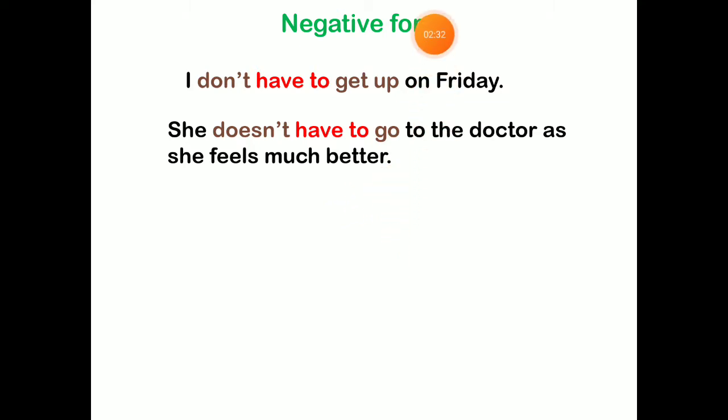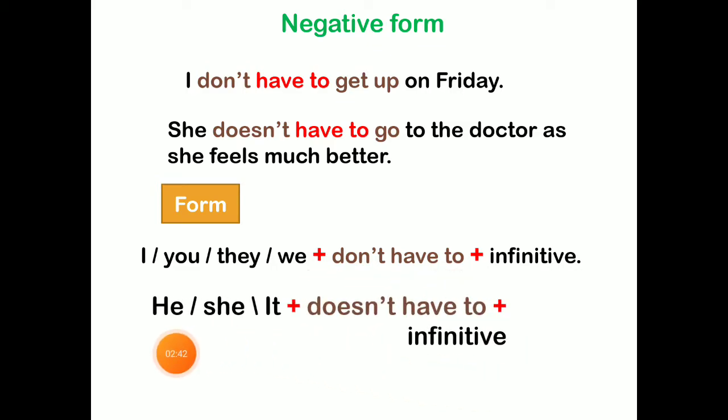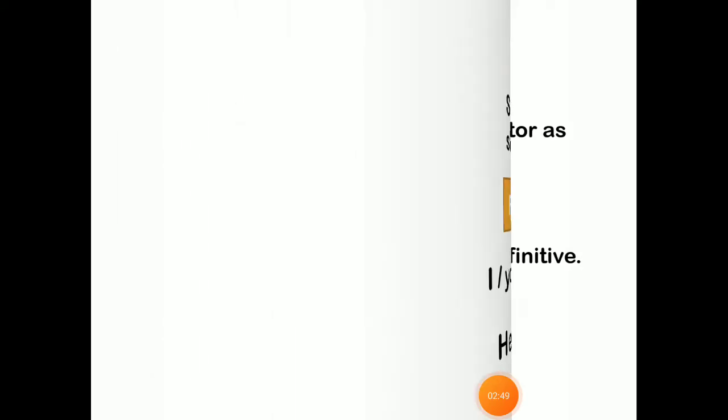Okay? It is not necessary for her. Okay, form: I, you, they, we, plural plus don't have to plus the infinitive. Singular: he, she, it plus doesn't have to plus the infinitive. This is for singular ضمائر المفرد.